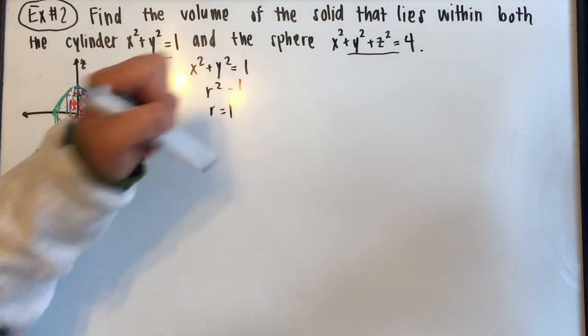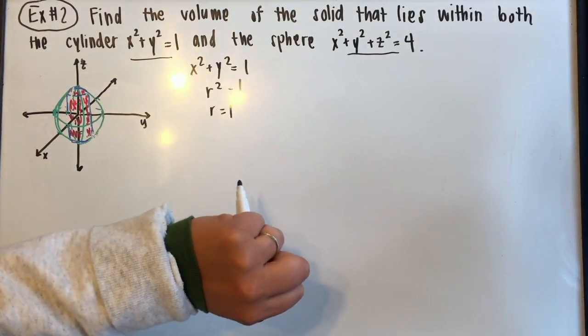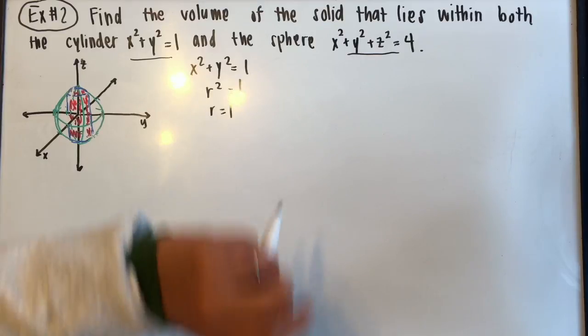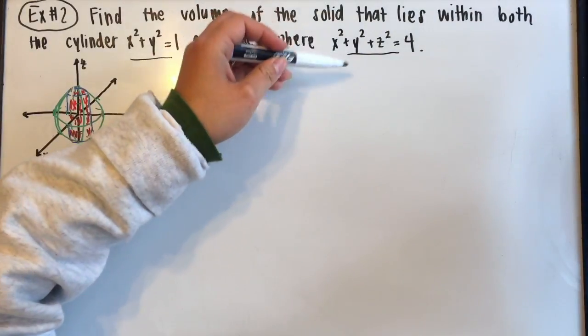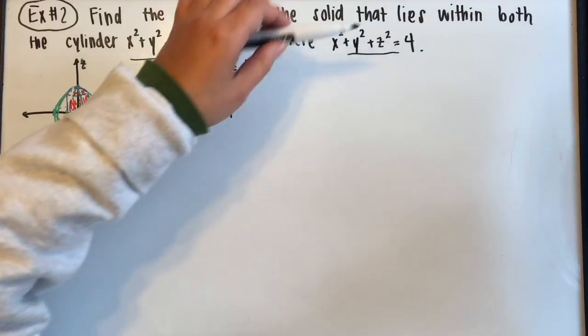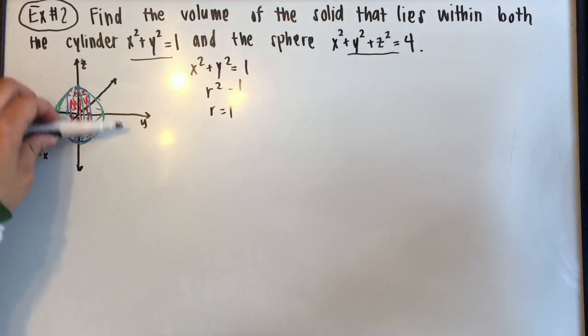Now here we want to change it so that it is a function of x and y. That means we're going to have z equals, because remember, our height is z.